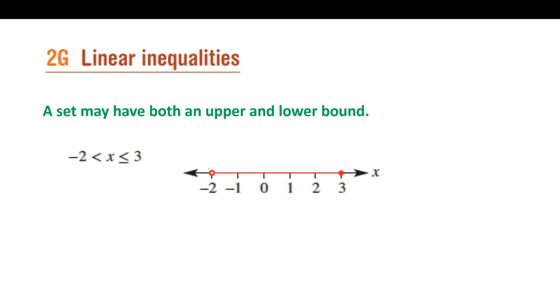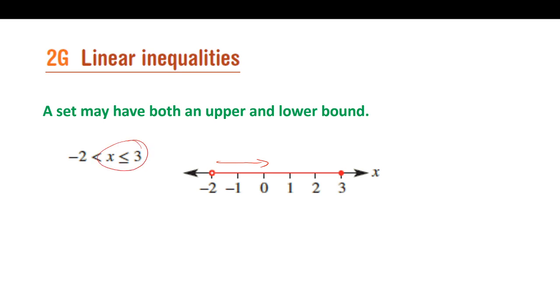Negative 2 is less than x, so we put an open circle on negative 2, and an arrow pointing upwards because we want the numbers where x is the bigger number. Remember, the arrow is always pointing to the bigger number, or the smaller number, or the shark eats the bigger number, as I remember it from my time at school.